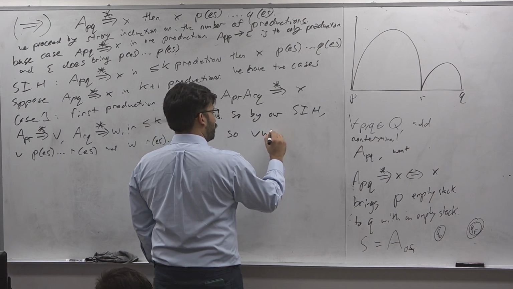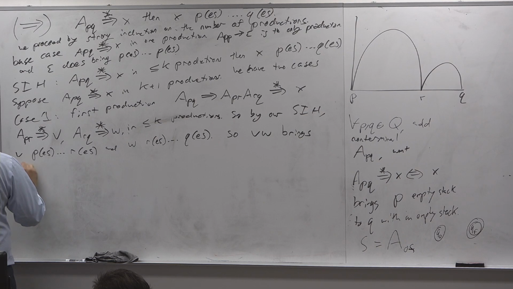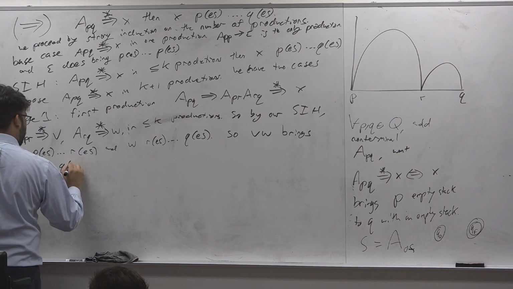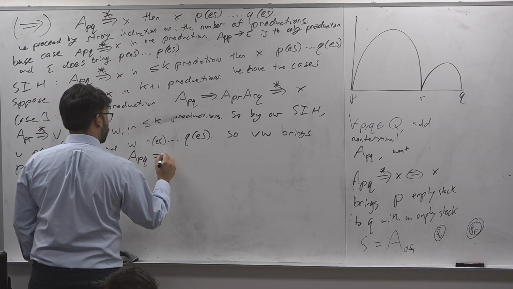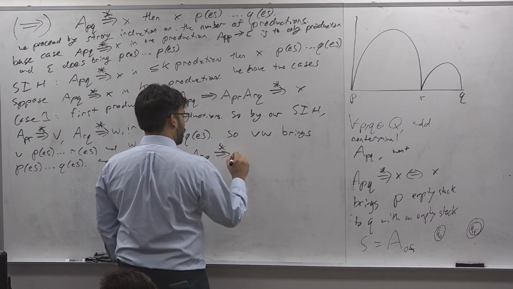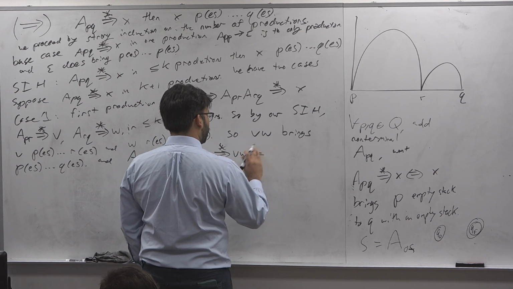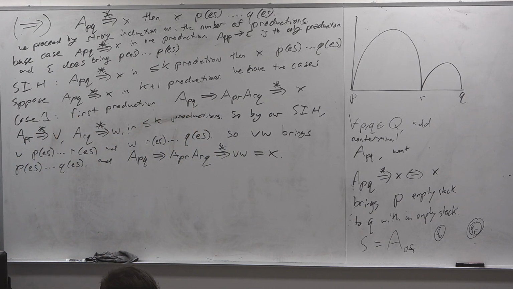So VW brings the PDA from P empty stack to Q empty stack. And A_PQ produces in a single step A_PR A_RQ, which produces in 0 or more steps some VW, which is just equal to X. So X brings the PDA from P empty stack to Q empty stack. Done with case 1.